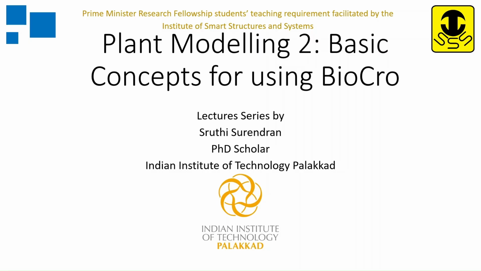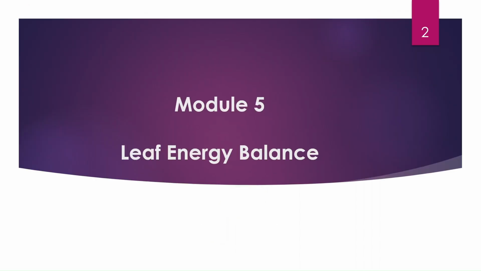Today, we'll be starting module 5 that deals with leaf energy balance. Leaf energy balance is a very important concept in understanding how leaves and in turn plants will manage temperature as well as the water balance related to it.